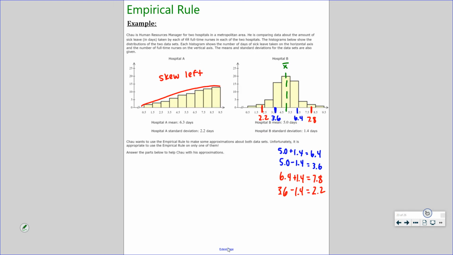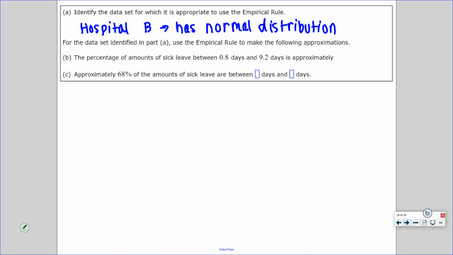One more out, because you'll see 7.8 plus another standard deviation would get me to that 9.2. And 2.2 minus 1.4 would get me to that 0.8. So what we basically figured out was this range was within 3 standard deviations.